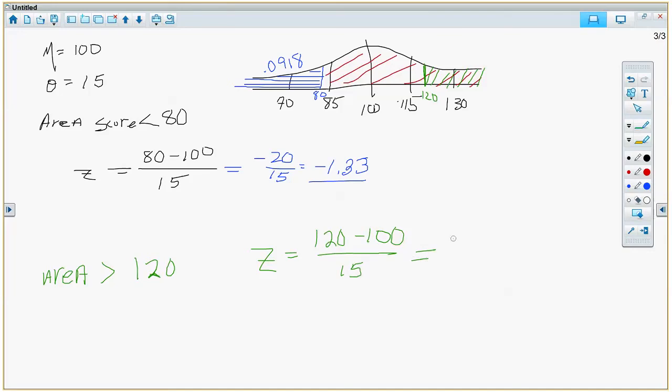And that's going to be 20 over 15, which comes out to be 1.33. Now the problem is that you're going to go to 1.33 in the z-table and you're going to write down that number and it's going to be wrong.